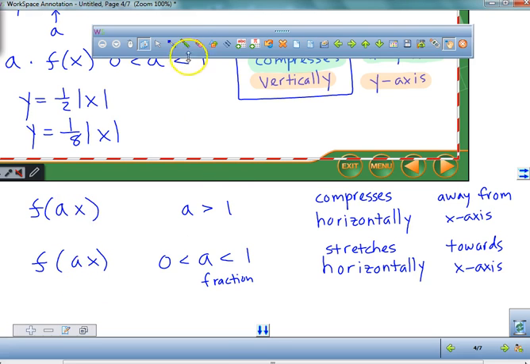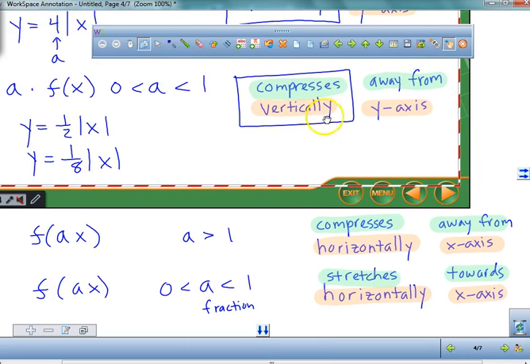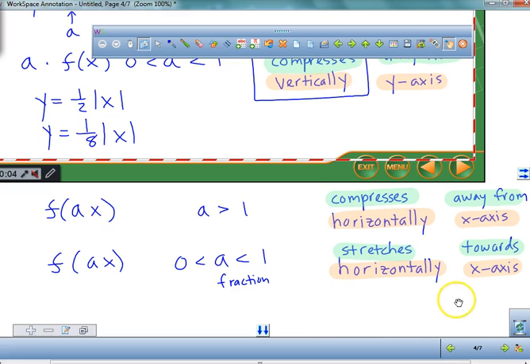So we say compresses, which means away from, or stretches, which means towards. And the word horizontally, what do I want you to attach it with? Horizontally means you're dealing with the x-axis. I want you to make that connection. Horizontally deals with the x-axis, and vertically deals with the y-axis. Okay?